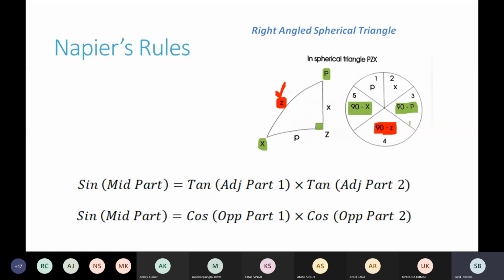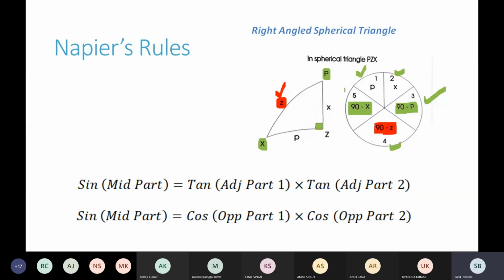कोई भी पार्ट अगर आप पिक करते हो, लेट अस से आई पिक अप दिस पार्ट नंबर 3. Now two parts are sharing their boundary with this part. Number 2 part and number 4 part, ये दोनों नंबर 3 के साथ अपनी साइड्स टच कर रहे हैं, so they are known as adjacent parts. दो पार्ट ऐसे हैं जो बिल्कुल इसके ऑपोजिट हैं और नंबर 3 के साथ कोई भी बाउंड्री शेयर नहीं करते.